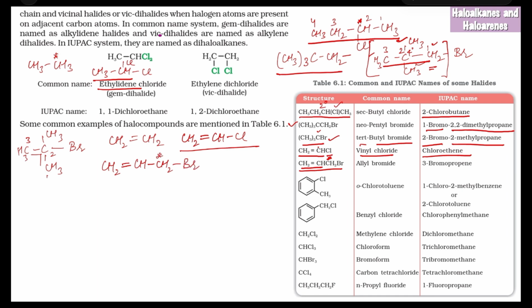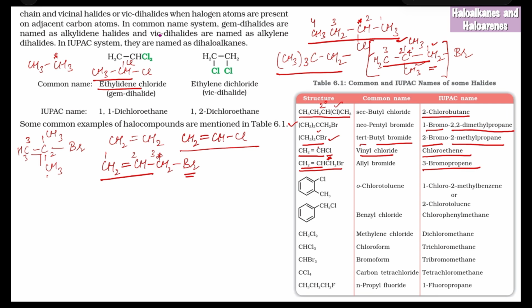So this carbon is sp3 hybridized carbon which is adjacent to a doubly bonded carbon. This group is known as allyl group, and bromine is bonded to this allylic carbon. It is known as allyl bromide. And for IUPAC nomenclature, the doubly bonded carbons are numbered first. So 1, 2, 3. This becomes 3-bromopropene.